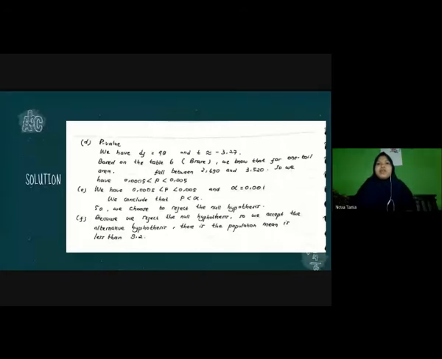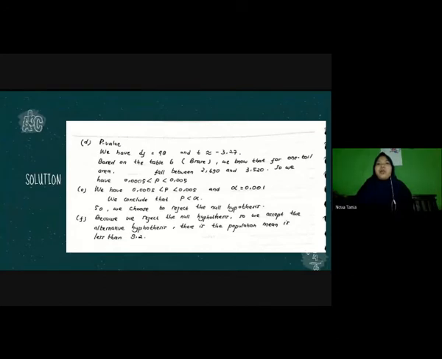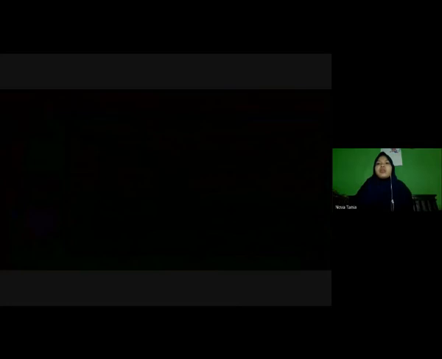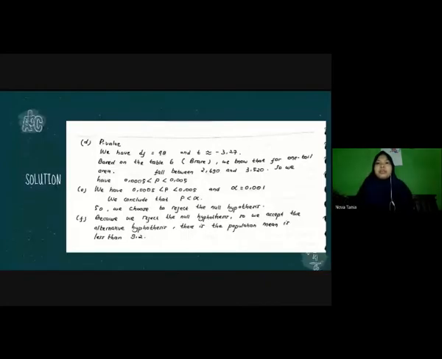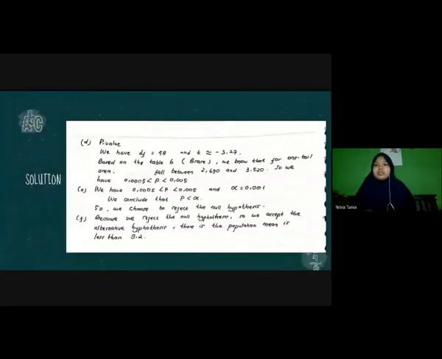Okay. Then for D, the p-value, because the degrees of freedom is equal to 48 and t is approximately minus 3.27, based on the table, for the one-tail area, 3.27 falls between 2.990 and 3.520.